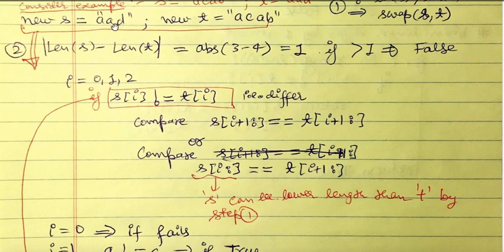So the next element in S after A will be only D, and the next element in T after the C is AB. So we are comparing the remaining D in the source S to AB in the target, and clearly they are not the same.